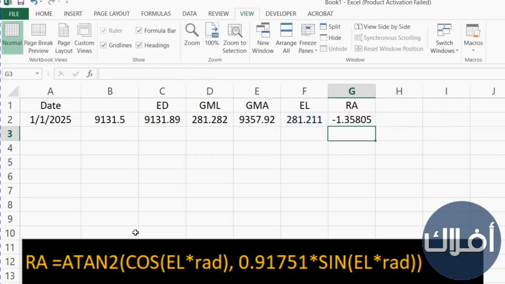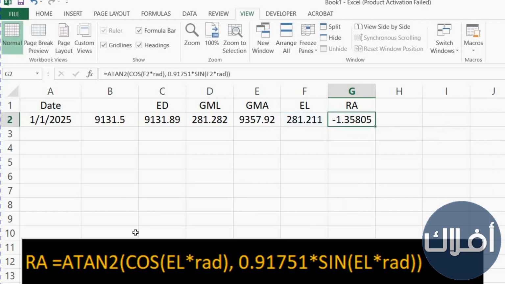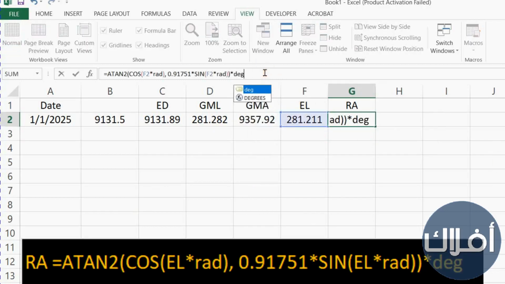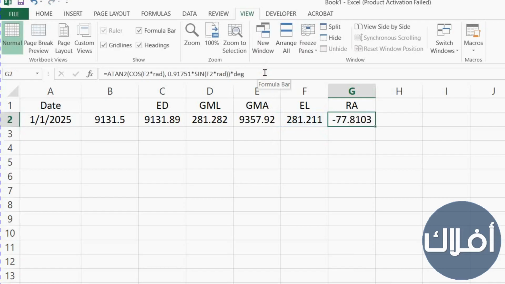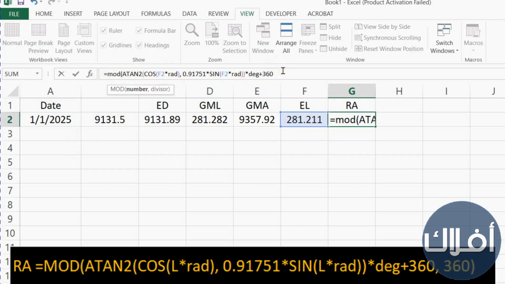We notice the number 0.91751. This is the cosine of the Earth's axis inclination, 23.4353. And RA is the actual orbit. RA is calculated in radians, so we need to convert to degrees. We notice it's negative, so we need to add 360, and then we use mod of this number of 360.